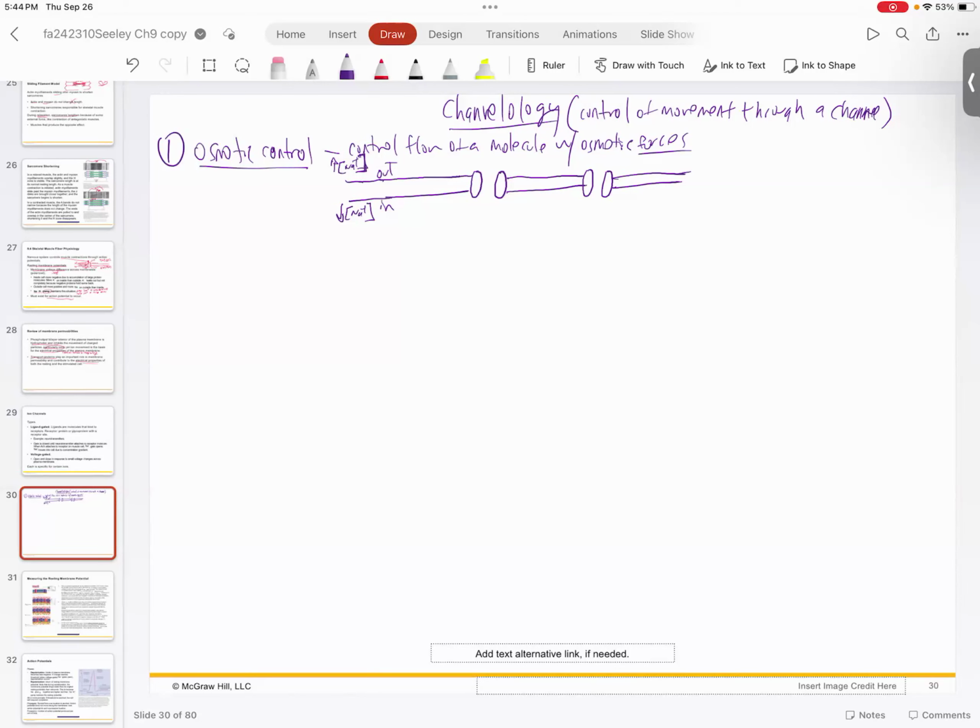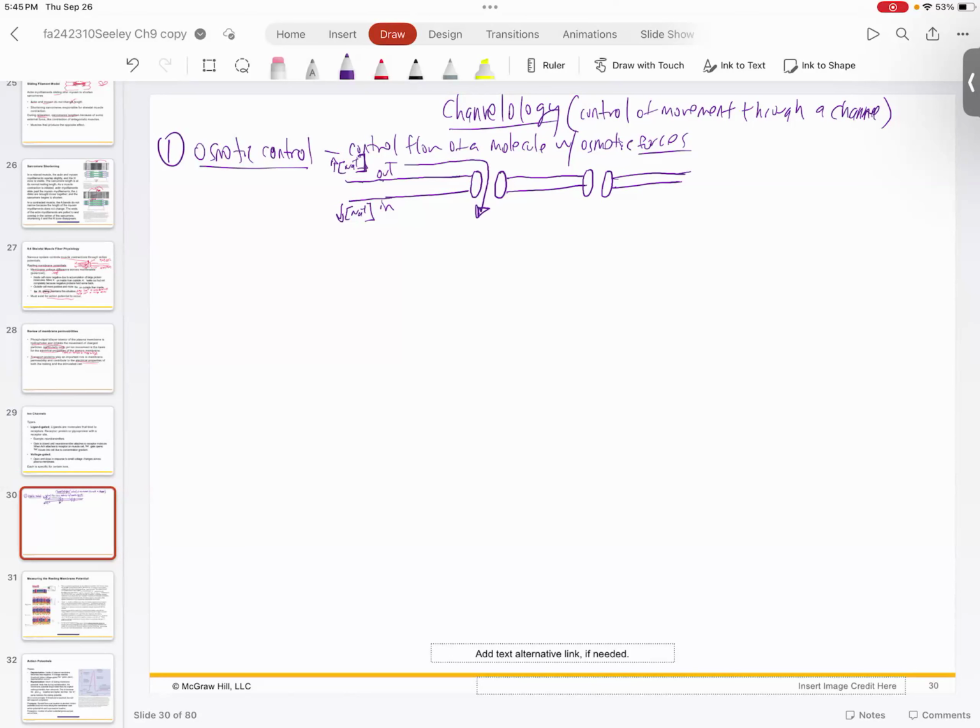Yes, it's going to go from high to low, so it's going to flow into the cell. Notice how I got it to flow into the cell? Simple. I set up its concentration gradient in such a way that caused it to flow into the cell. What if I wanted it to flow outside of the cell? I just turn the concentration gradient around. I put the high concentration on the inside and the low on the outside, and it's going to go out of the cell. So this is a way to control that.